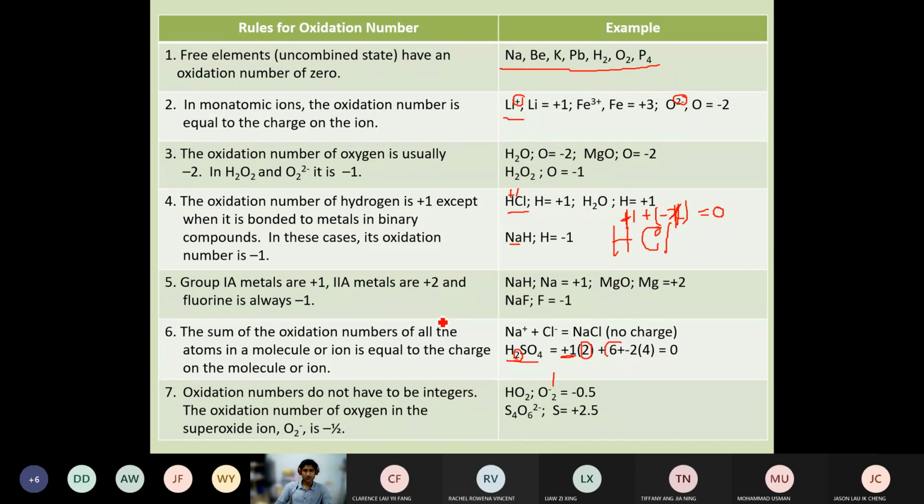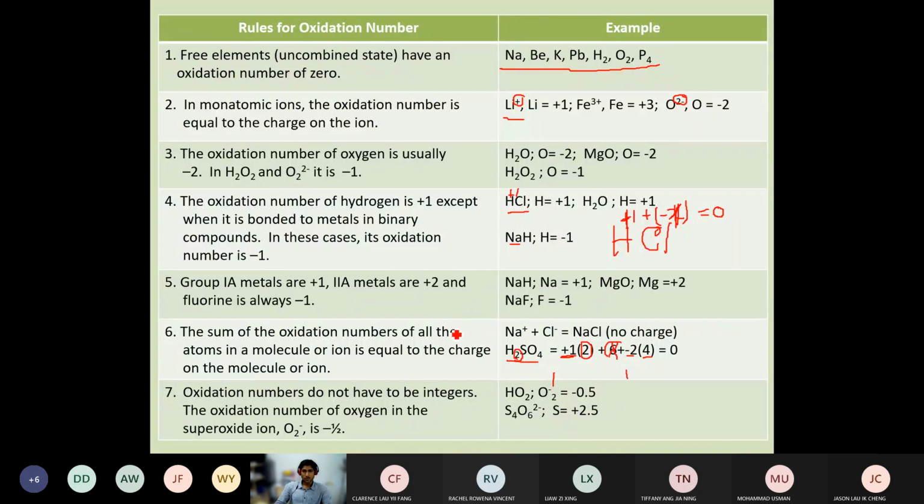Sulfur we do not know, whether it is positive or negative. But oxygen we know is -2, and there are 4 oxygen atoms, each carrying a -2 oxidation state.